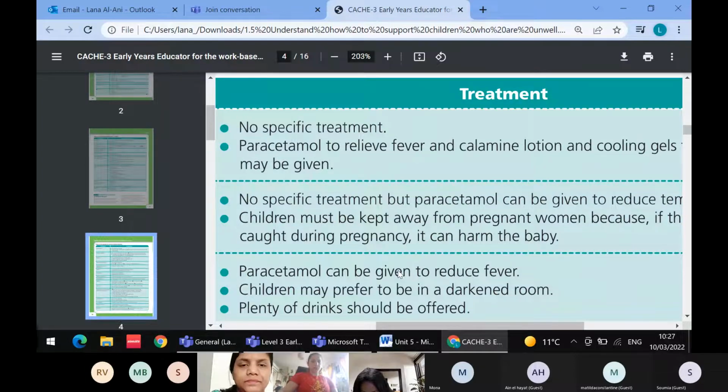With some cream. Yeah, to be honest, for chickenpox there is no specific treatment. They normally give paracetamol to the child just to get rid of the fever, lotion, as your classmate said, and just to get him cooling down. Otherwise, there's nothing we can do about it.